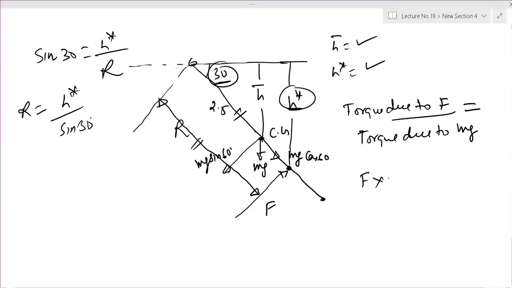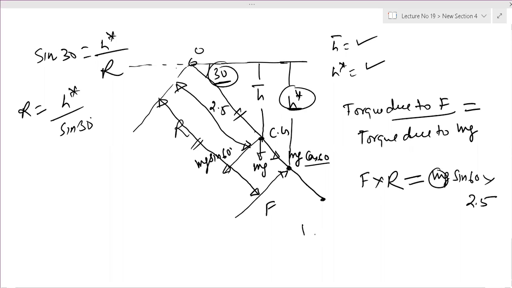So you can calculate R now, and that must be equal to torque due to mg. mg has two components. The mg cos theta has no effect because it passes through the hinge point. So it is mg sin 60 degree into this distance, and we know this distance is 2.5. So here m will come into the picture. So m you can calculate now: F into R divided by 2.5 into sin 60 degree.